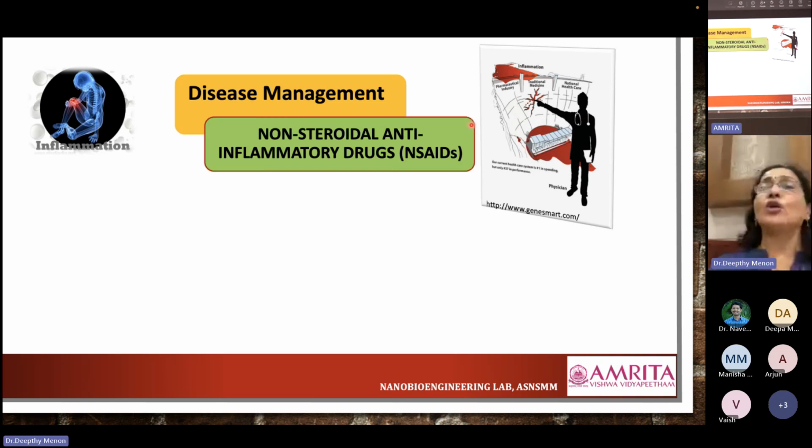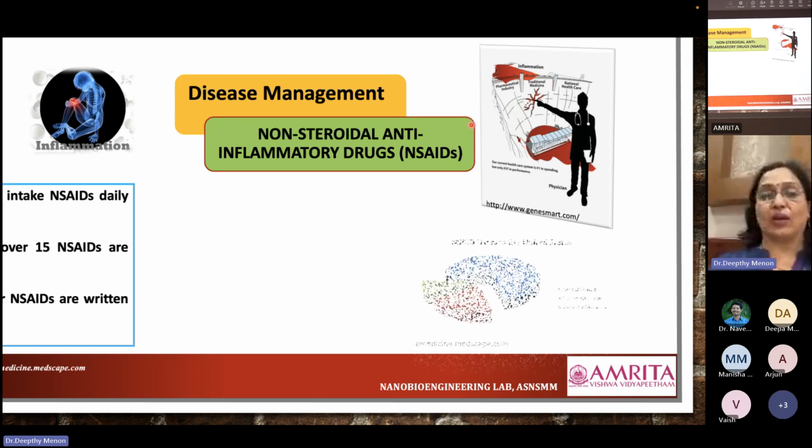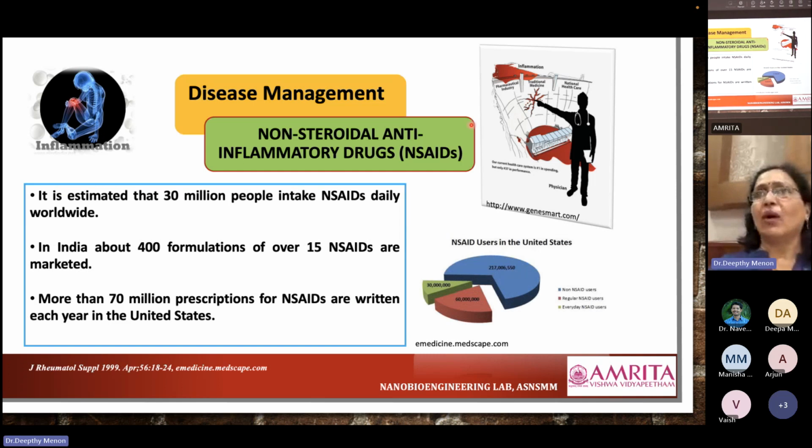What do we do? Most often, non-steroidal anti-inflammatory drugs are given. NSAIDs, they are called. Over the counter, you can go and buy them. Nearly 30 million people take NSAIDs daily worldwide.